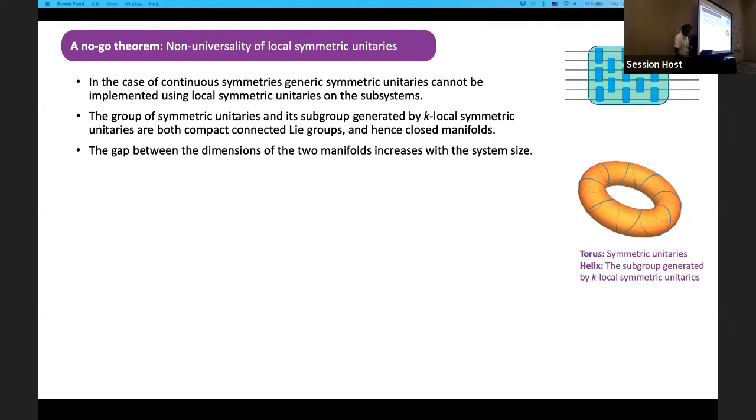Okay, so in the case of the U1 symmetry that I discussed before, it turns out that the difference between the dimensions of the two manifolds is essentially n minus k. n is the number of qubits in the system. k is the number of qubits that can participate in a local U1-invariant unitary. So this is the group generated by k-local U1-invariant unitaries.